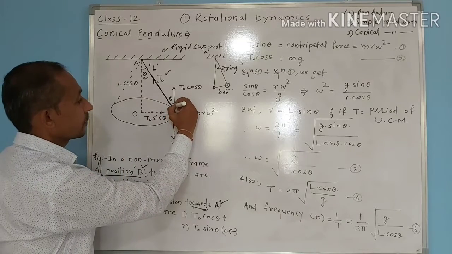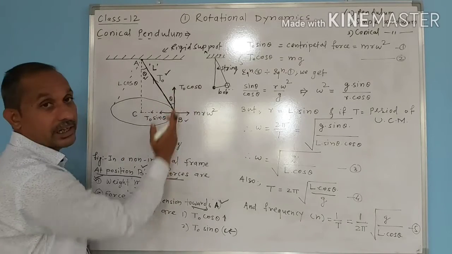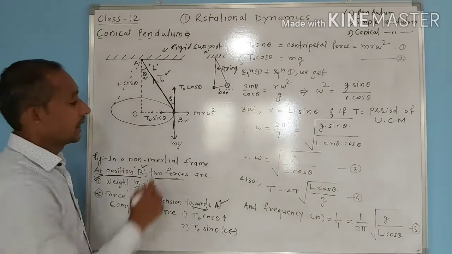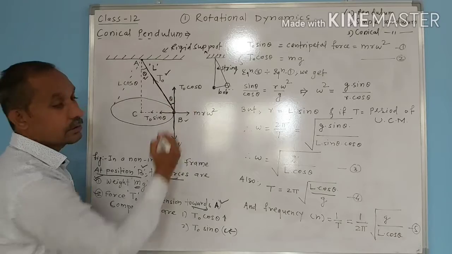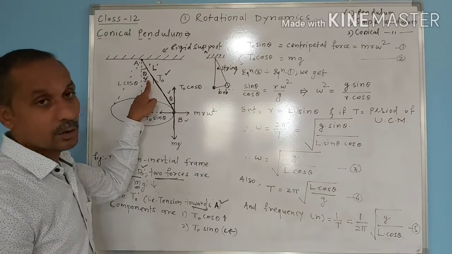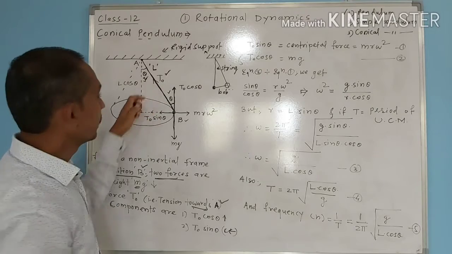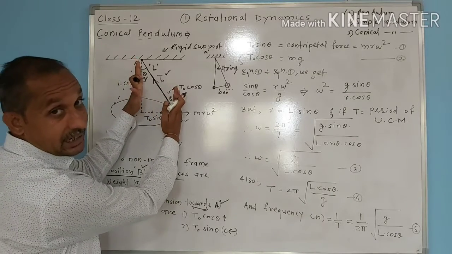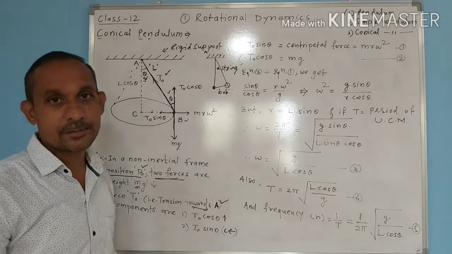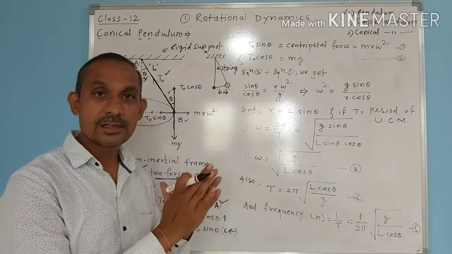Suppose this is the vertically upward direction and this is the string, and the angle between these two will be the same as theta, because these are two parallel lines, and this line is intersecting them with the same angles.